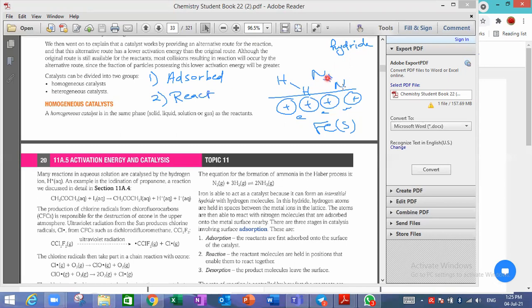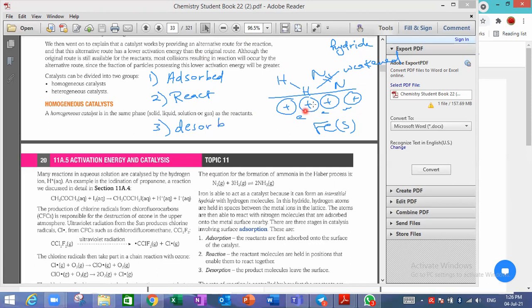Of course, when nitrogen is also adsorbed at the iron surface, this means that this bond is going to be weakened. And so now we have hydrogen atoms and we have nitrogen atoms. So they react together to form the ammonia. And then the third step is to desorb away from the iron. When hydrogen and nitrogen react together and ammonia is formed, then it's going to be desorbed away from the iron metal.